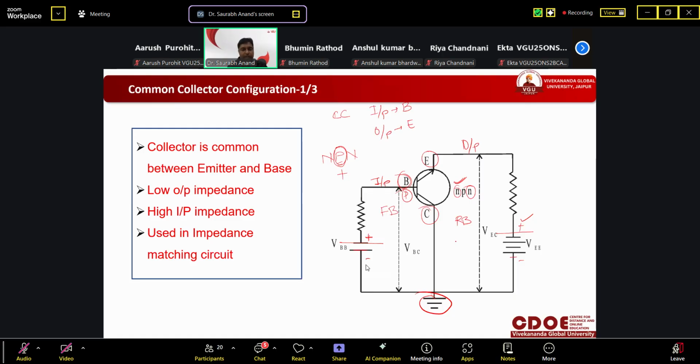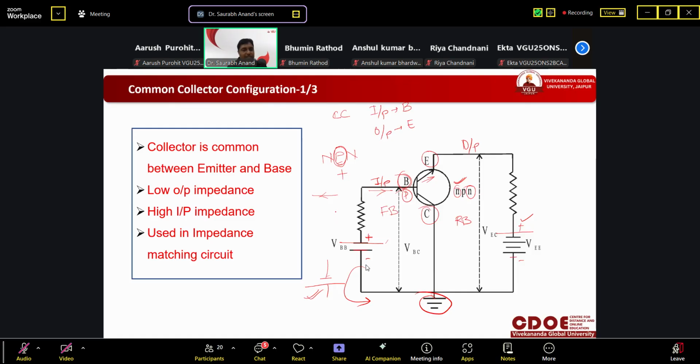Any doubt? Simply you can understand that current is moving in this direction. It means current should flow in this direction. Earlier it was positive, negative, so current will flow in this direction according to the previous one. This current will not be inside, it will be outside.